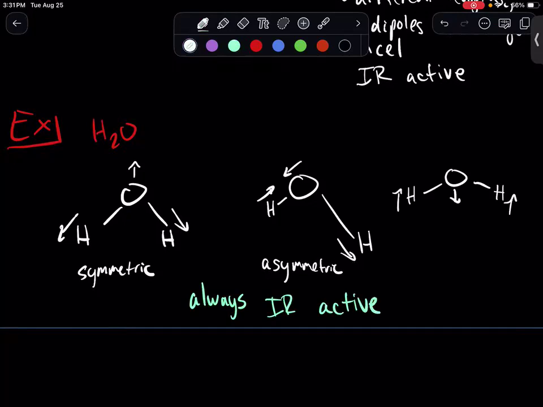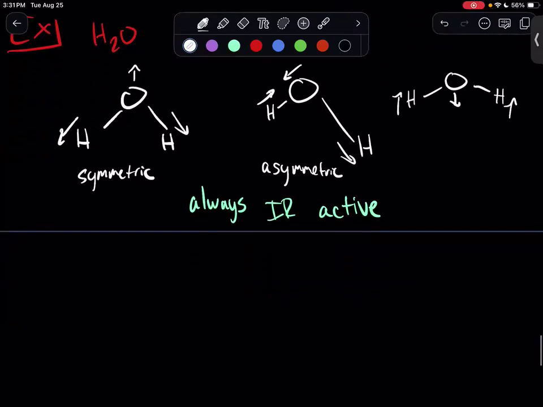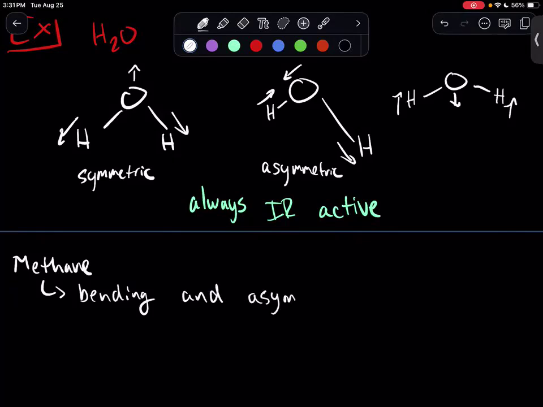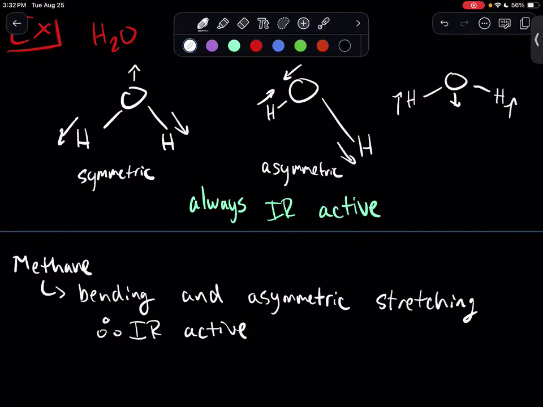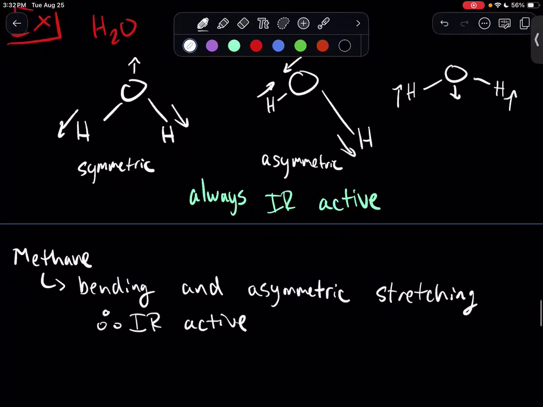The last compound that the DP wants you to know about and think about is methane. I'm not going to draw all of methane out, but methane can undergo both bending and asymmetric stretching. Therefore, we can understand that this is IR active and contributes to the greenhouse effect because it can do both of these changings of its dipole to be active.